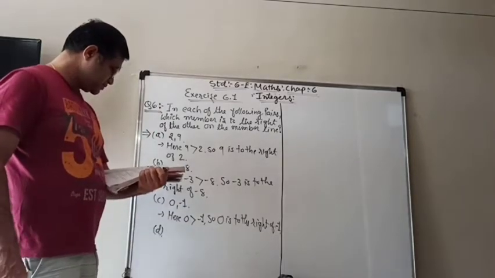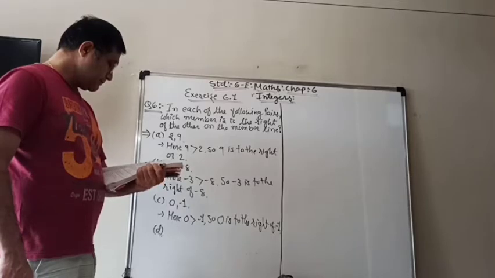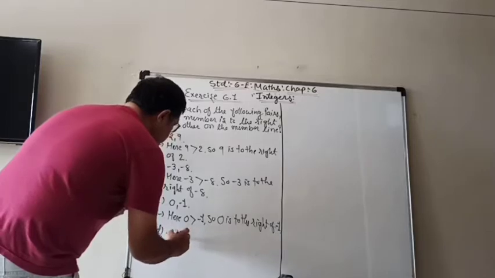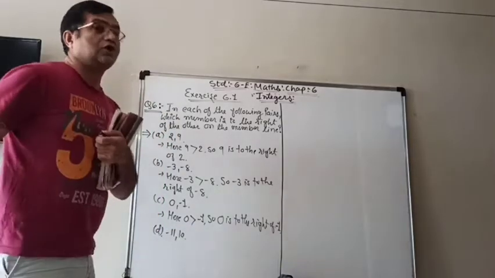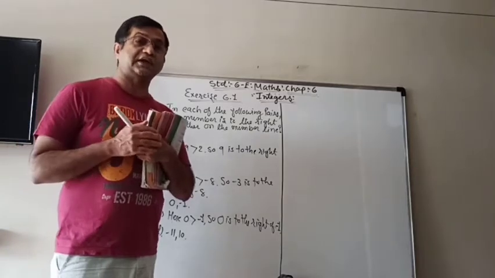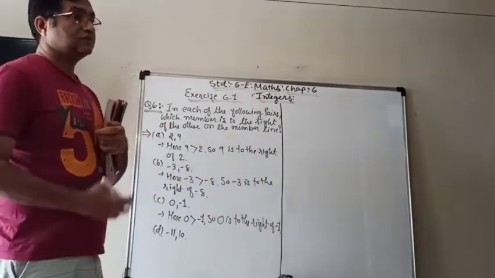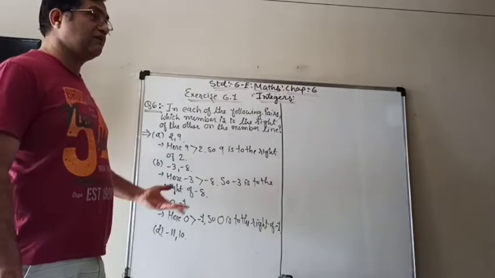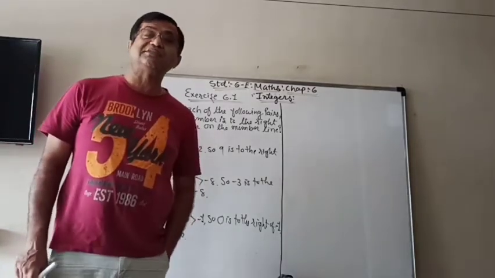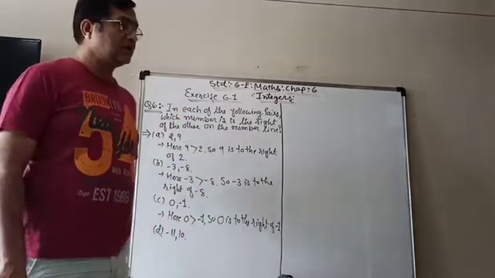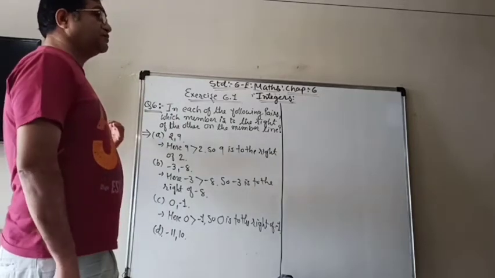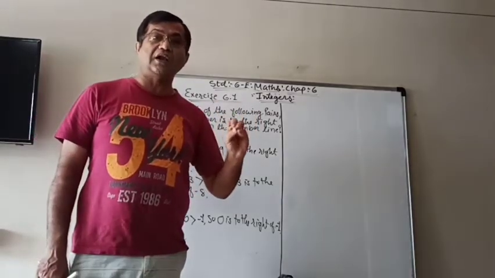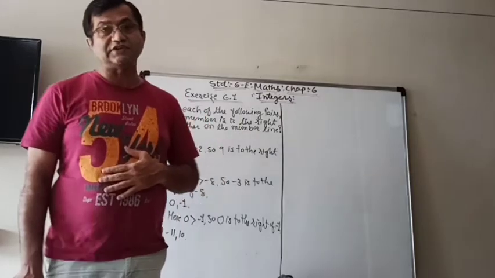Another pair, D, is -11 and 10. Here also sometimes the students get confused and in a hurry they only see the digits but don't look at the sign. Here 11 is greater than 10 but 11 is negative. So -11 comes on the left side of the 0, and we know that the negative integers are all smaller than the positive integers.